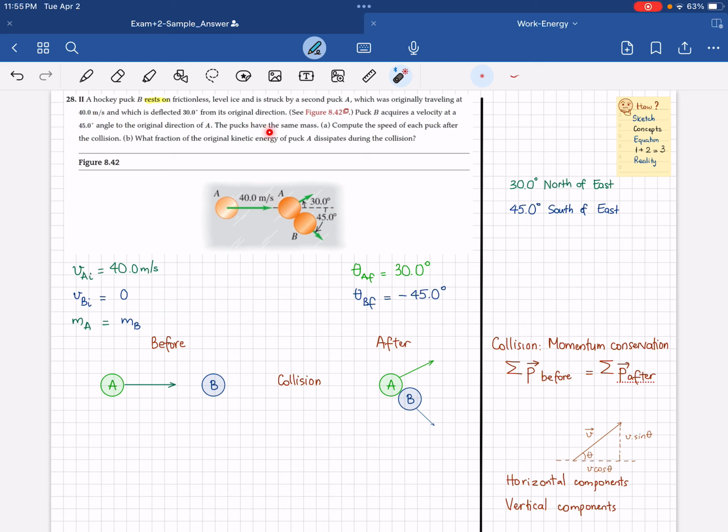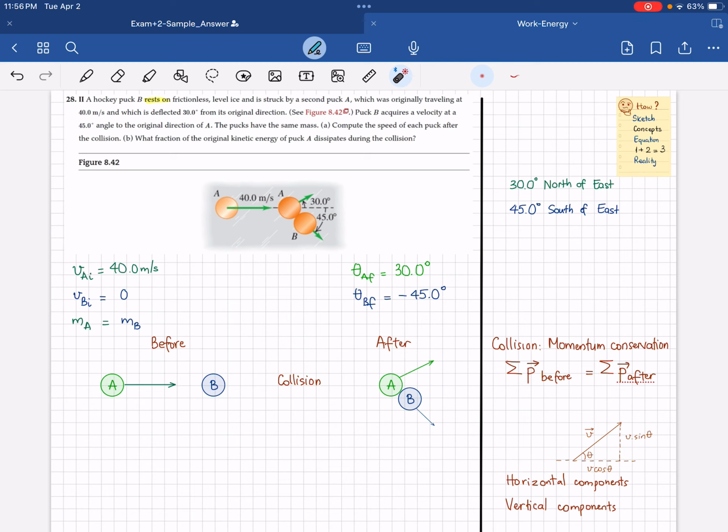The pucks have the same mass. Compute the speed of each puck after the collision. So they ask us to find the final speed after the collision for A and B. And what fraction of the original kinetic energy of puck A dissipates during the collision?